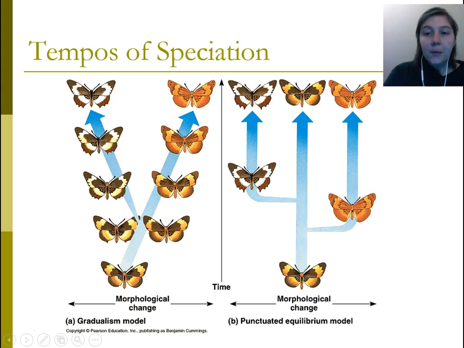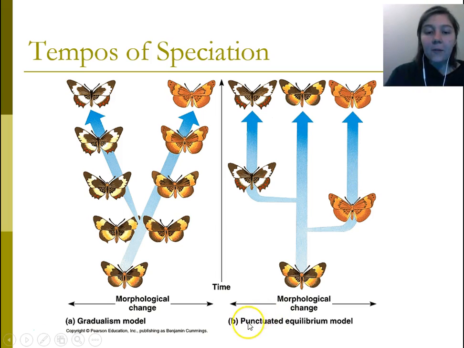We talked about tempos of speciation in class when we talked about what a theory is, but just as a quick reminder, there are two theories for how quickly evolution happens. On the left side, this is gradualism, where we have slow, continuous change. The population is constantly evolving, and we see very tiny changes until eventually we get different species.